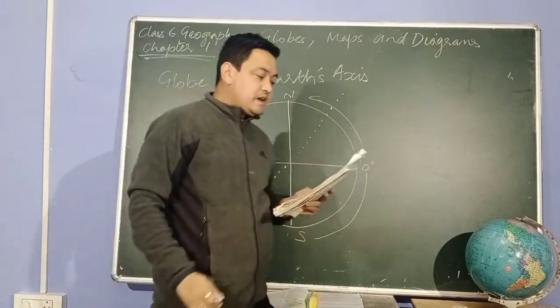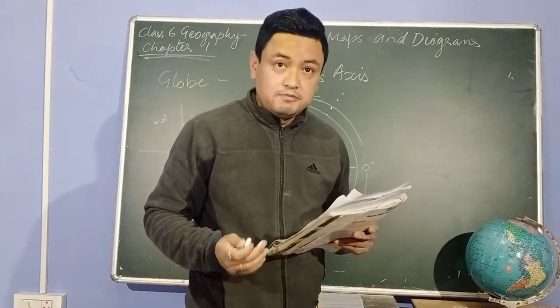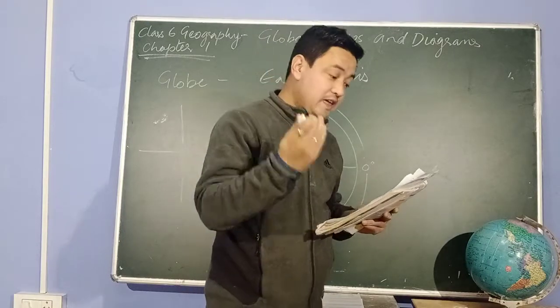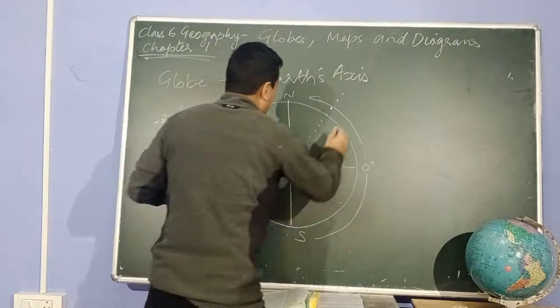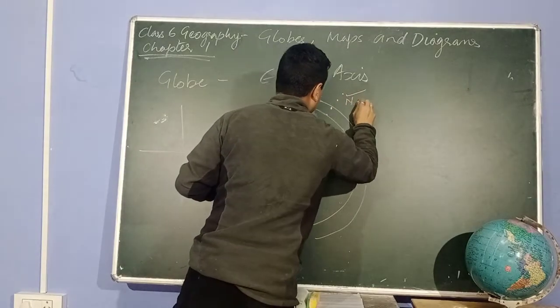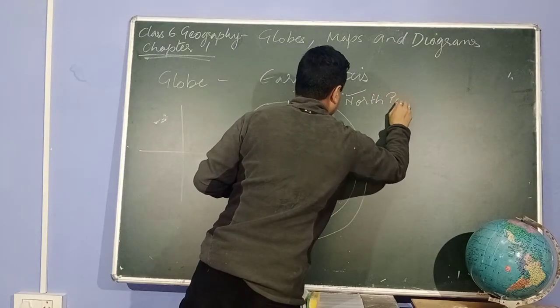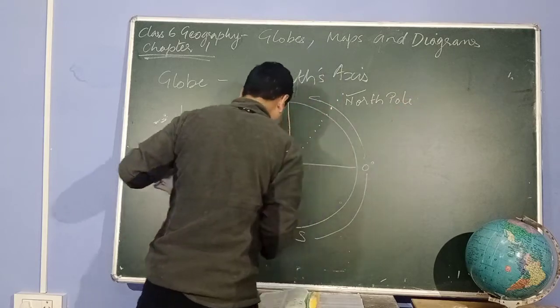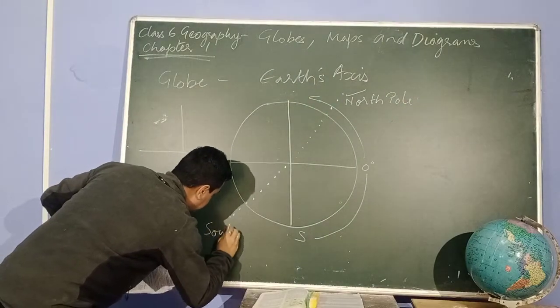So, axis of the Earth is not vertical, but it is a little bit tilted or inclined. So you find the axis is found here. The North Pole is found here, South Pole is found here.